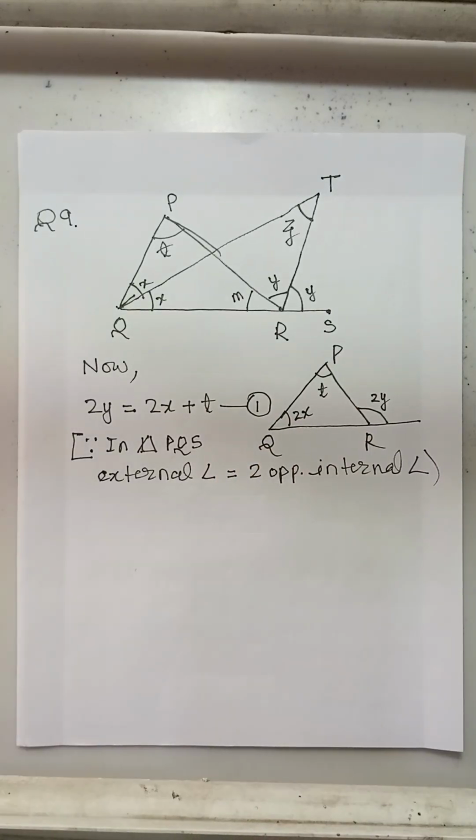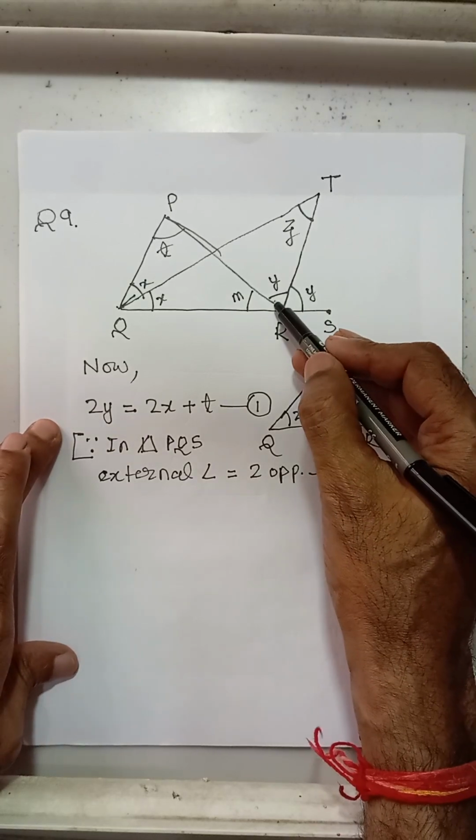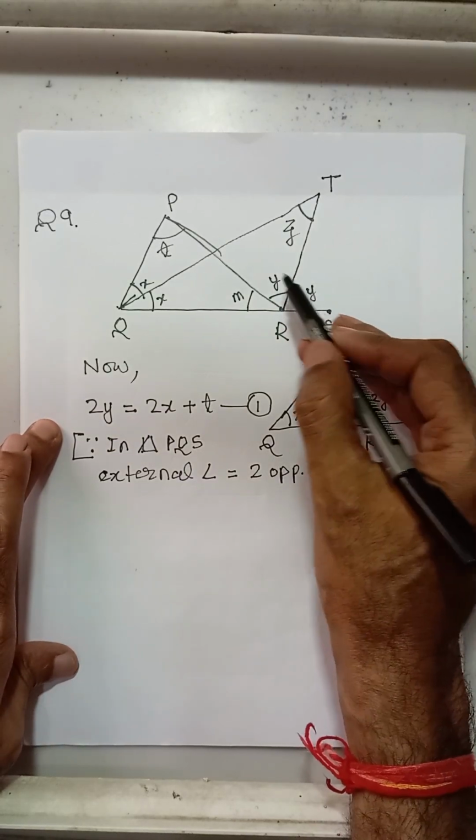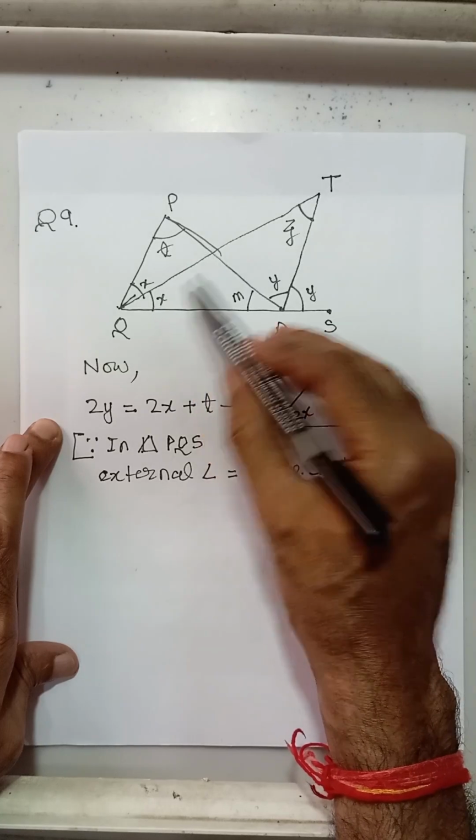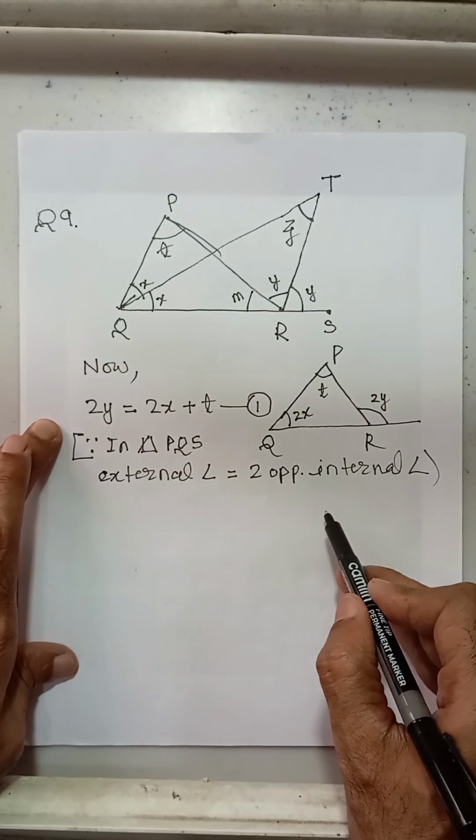Now again, angle Y is equal to angle X plus angle Z in this triangle.